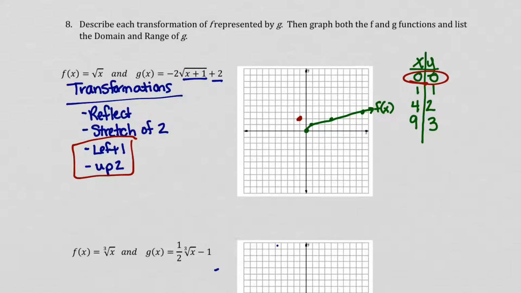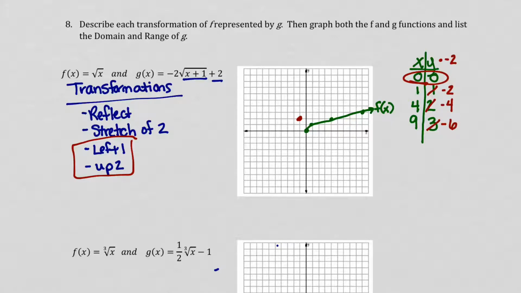And then I figure out my y values by taking what was in front, which was negative 2, and I multiply the y values of the parent function by negative 2. So this y value would become a negative 2. 2 times negative 2 is negative 4, and 3 times negative 2 is negative 6.